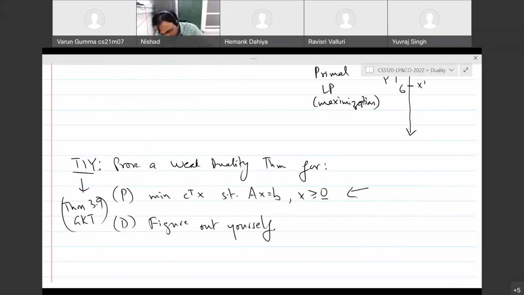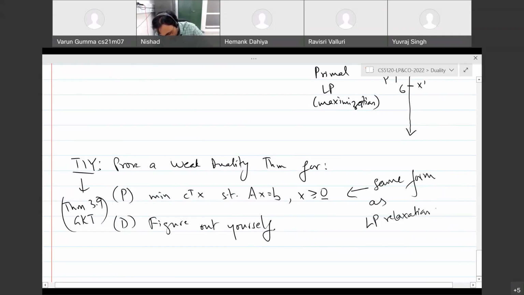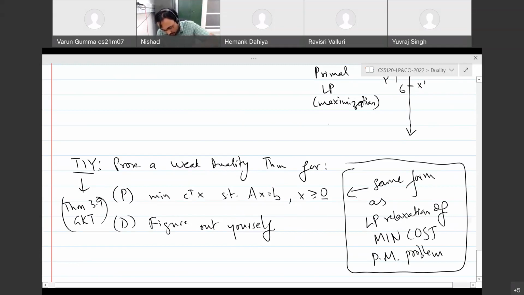Notice that this is the same form as the LP relaxation of the minimum cost perfect matching problem that we wrote in our first module. So that's the same form as this linear program. Okay, so please check.